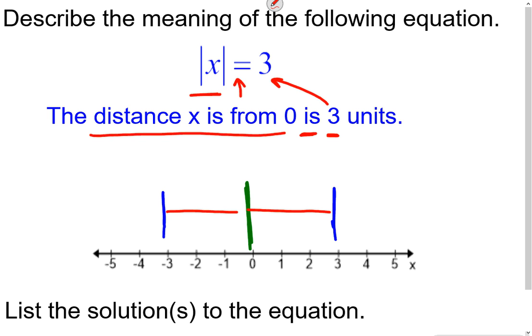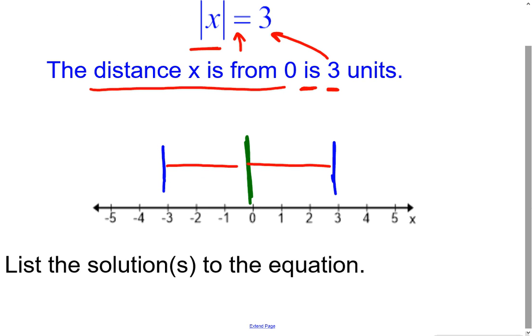So when everything's all said and done, I have solutions of x equal to negative 3 and x equal to positive 3, which hopefully will also make sense, because if you go back to our original equation and we put negative 3 in for x, well, the absolute value of negative 3 is positive 3. It checks out. If we put this positive 3 into our original equation, the absolute value of 3 is also 3.